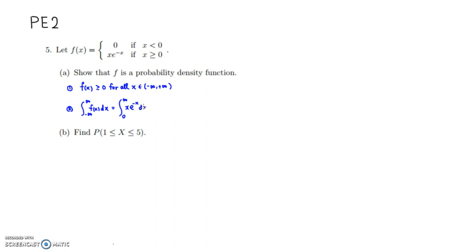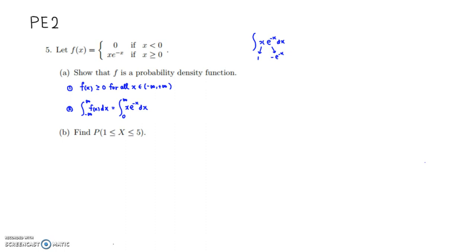dx. Since I'm going to have to use integration by parts, I'll do the integral right here. Let's do the indefinite integral first: x e to the negative x dx. Integration by parts: we take the derivative of the first guy, you get 1, and the antiderivative of the second guy, you get e to the negative x divided by negative 1. I'll put the negative sign here.